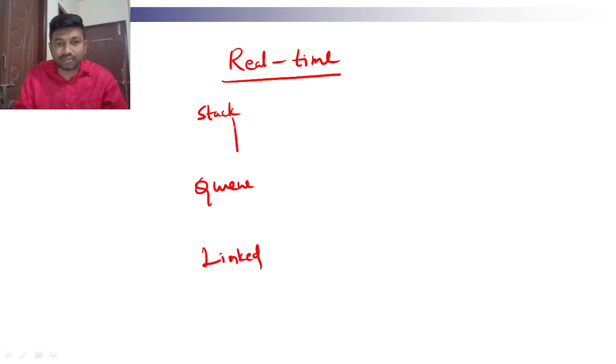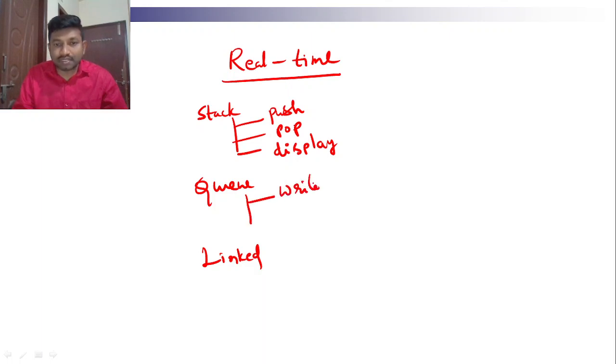On stack, we use operations called push, pop, and display, meaning to select one of the operations to be performed on the given data structure. In case of queue, we use write operation, read, and display.